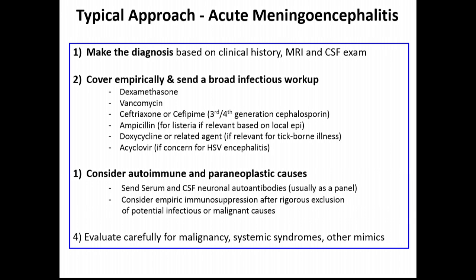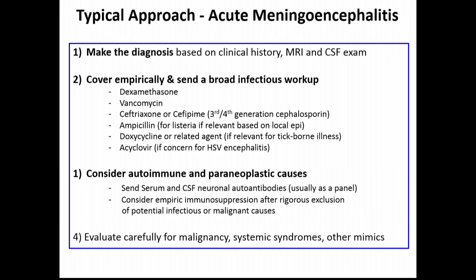And then once you dig deeper, you're going to consider autoimmune and paraneoplastic causes. Usually you get the tests sent off, and I'm going to talk about all these tests, the serum and CSF antibodies, and then sometimes you wait for results, sometimes you treat empirically, and I'll talk about those considerations.